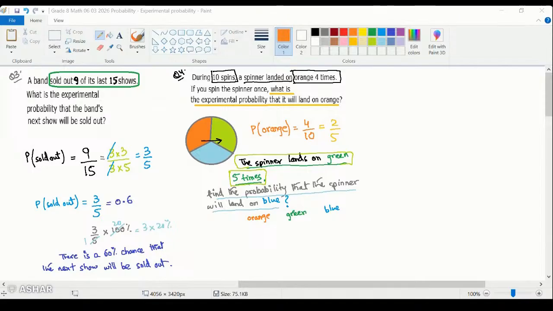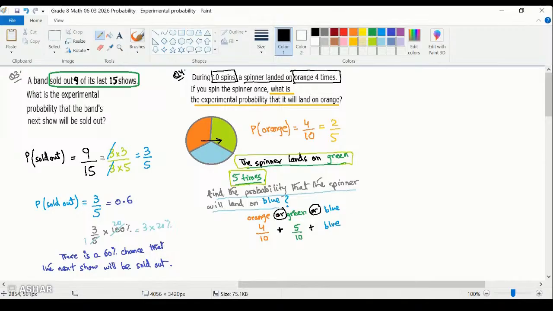So we can say it could be orange, or it could be green, or it can be blue, but not all of them can be together, right? The probability of orange was 4 times out of 10, right? Green lands 5 times out of 10. Blue is missing. We need to find the probability of blue. Whenever we are doing or, we do the addition.